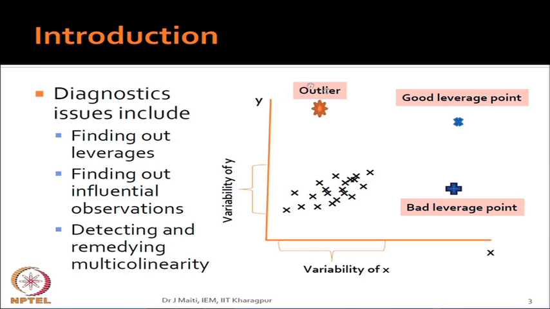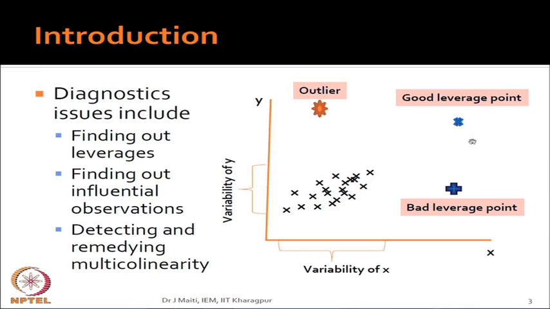Now, you come to the other 2 points, this point vis-a-vis this point. If I see the variability of y, this point belongs to that range along y, but along x, it is away from the general range of x, and similarly this one also.